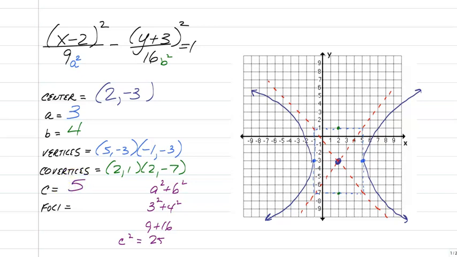Now, just like an ellipse, it is inside of the shape. So in this case, we have 5 to the right and 5 to the left, because you have to be inside the actual hyperbola graph. So that is where your foci are, which are at 7, -3, and -3, -3.